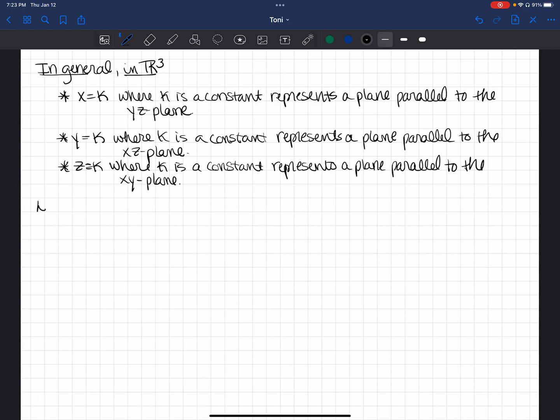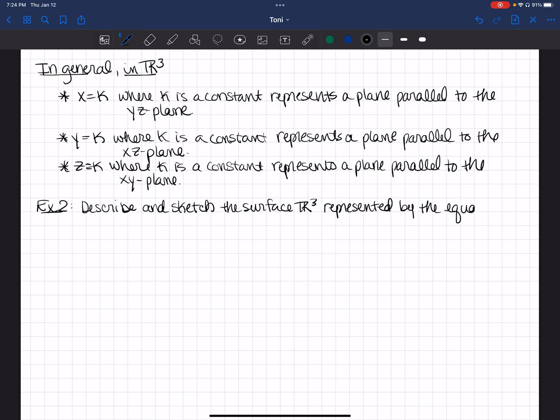Let's look at example 2. We want to describe and sketch the surface in R cubed represented by the equation y equals x.